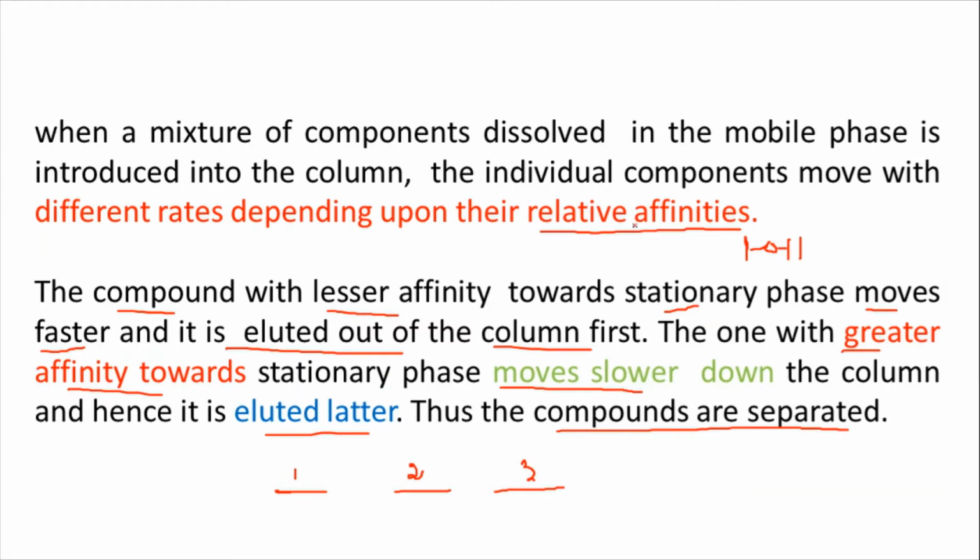Affinity is determined by intermolecular bonds, and not only intermolecular bonds. It is also controlled by the polarity of the solvent, solubility of the molecule, pressure of the column, and available space in the column, the type of stationary phase we are using, the width of the column, length of the column, purity of the sample, volume of the sample, and concentration of the sample.